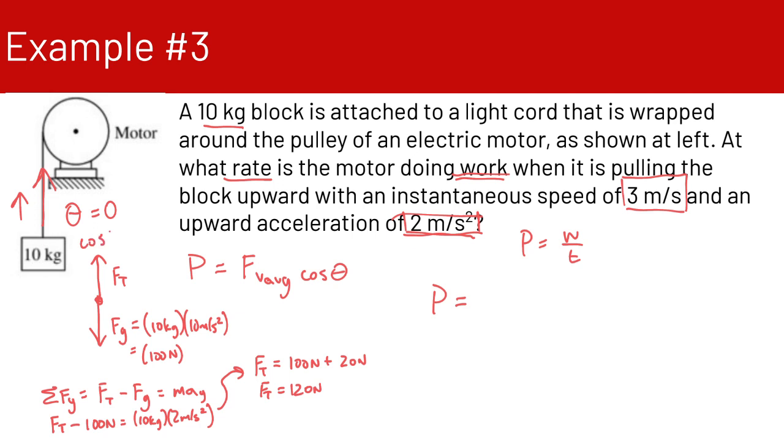Cosine of 0 is just equal to 1. So we have our force of 120 newtons times our velocity of 3 meters per second, which gives us 360 watts, which is the power being delivered by the motor to move the block up.